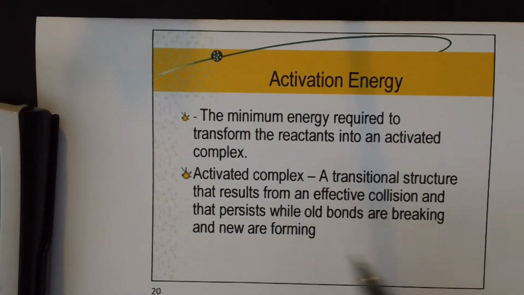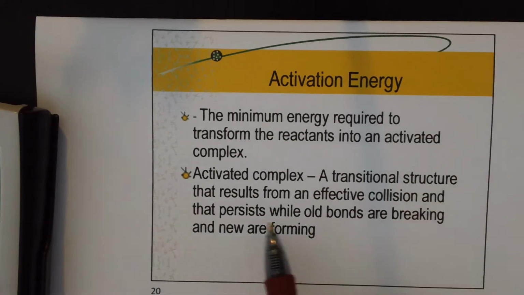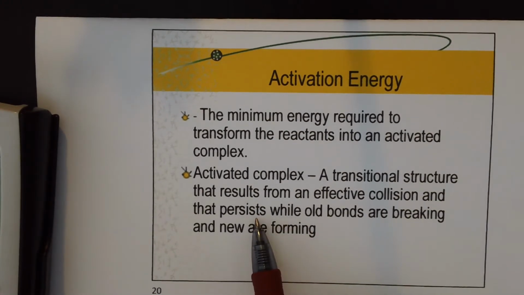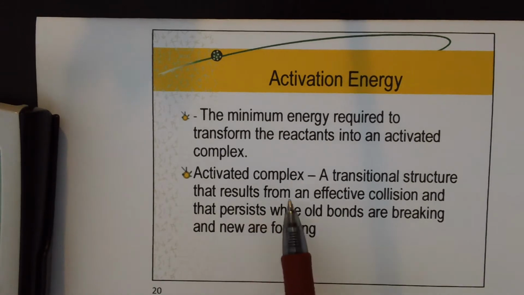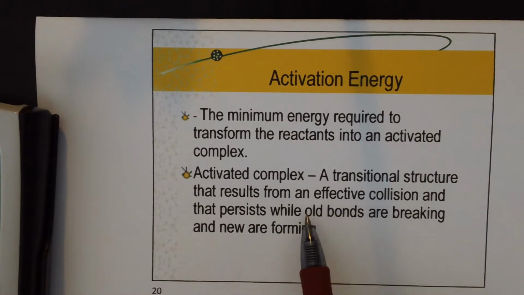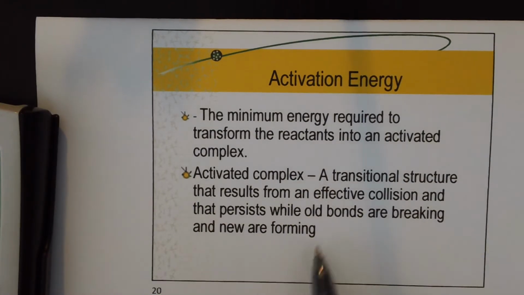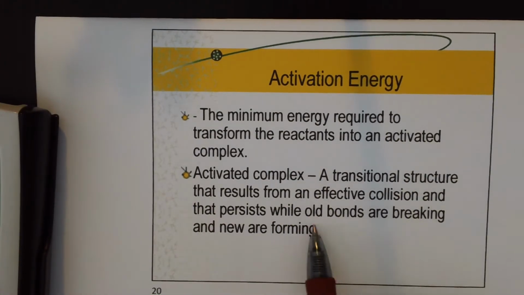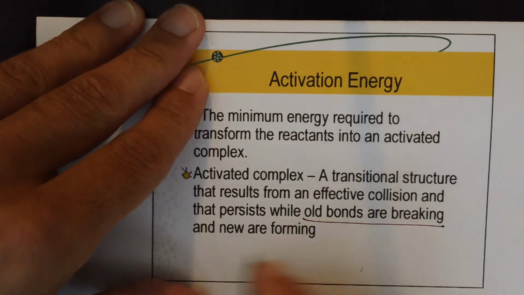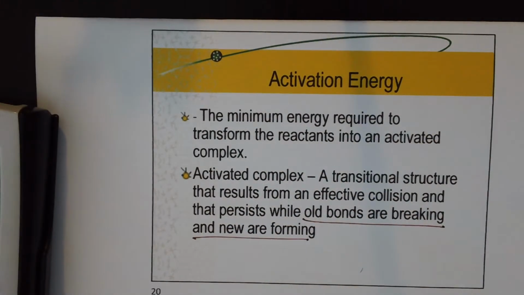I'll show you what this looks like in a visual in a second, what we call an energy diagram. The activated complex is where the old bonds are broken and the new bonds are formed. It's a transitional structure. Old bonds breaking and new bonds forming is what happens at the activated complex.